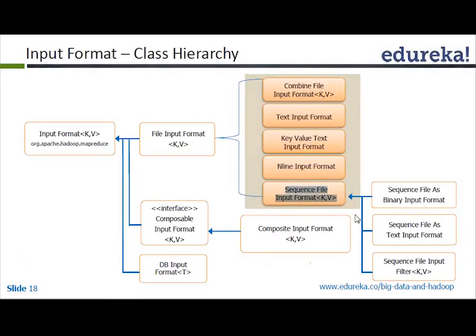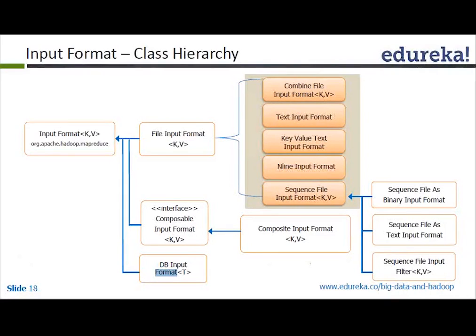There is also a sequence file input format that we will be seeing in our example today, wherein it could be a binary input format or else a text input format. Then you can also have a DB input format. The purpose of the input format is that there are a lot of predefined classes for specific use cases. We are going to see an example where we create our own custom input format also.